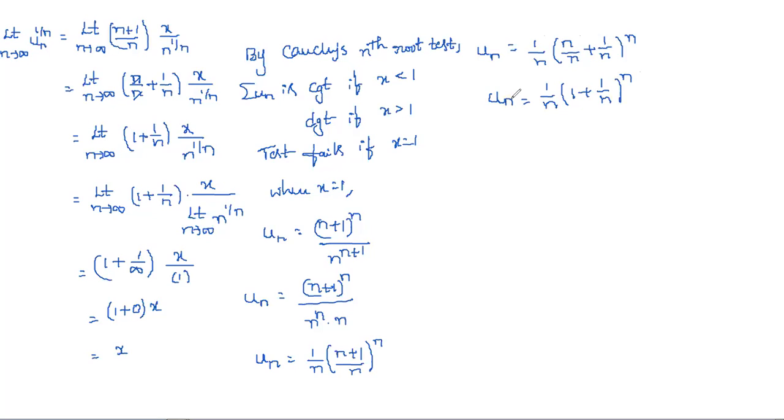Now we need to see whether this is convergent or divergent. Is there any Vn term available? And if a Vn term is available, we can apply the comparison test, right? If not possible, then you need to apply limit n tends to infinity un. But we can't apply this limit of un, why?